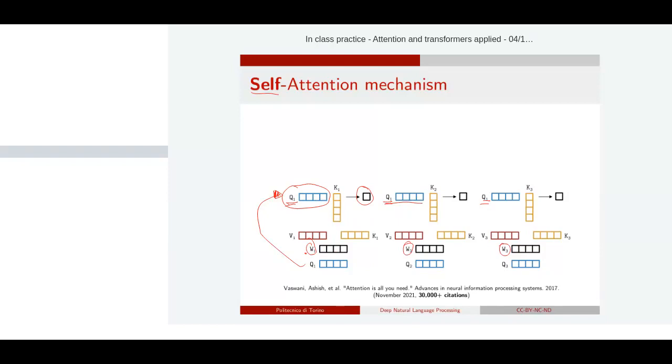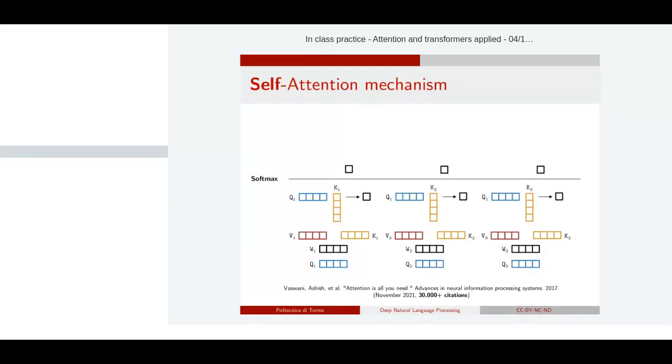And this is always the same, Q1, Q1, Q1, and we multiply it by the key vector for each different word. So we have Q1 multiplied by K1, Q1 multiplied by K2, and Q1 multiplied by K3. And we have all these 3 numbers.